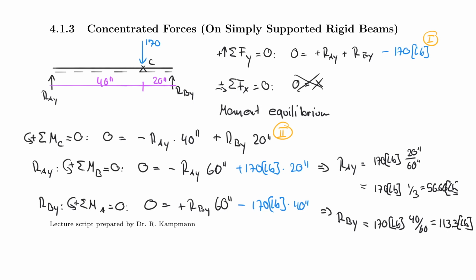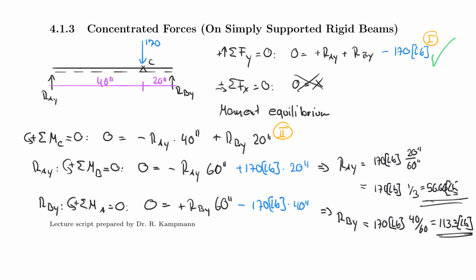So that, once again, is what we found in our result table, and it's not a surprise. I can now go back to my initial equation here, the sum of the forces in the y direction, and if I plug in RAY with 56 and RBY with 113, then this will be equal to 0. So I might as well check that one off.